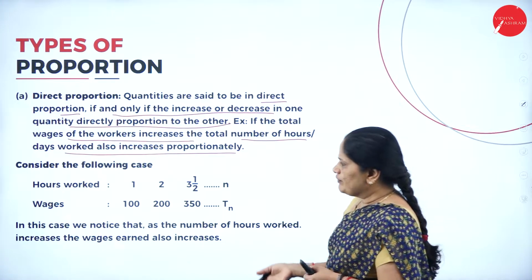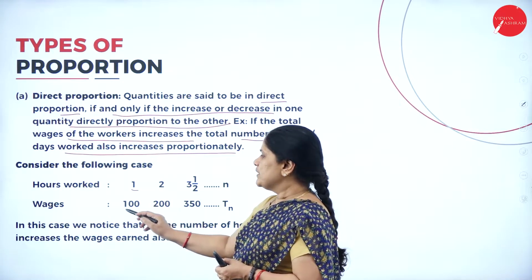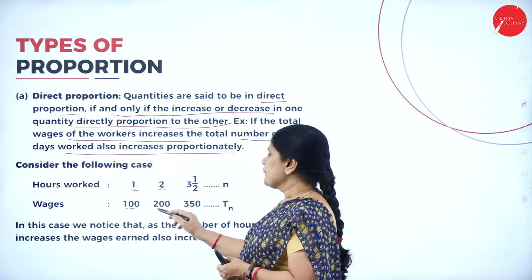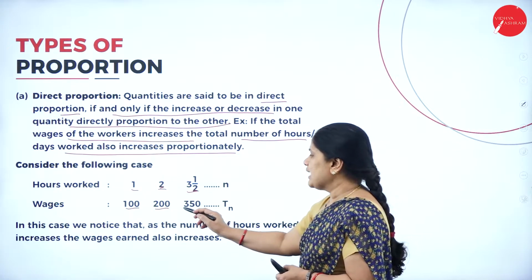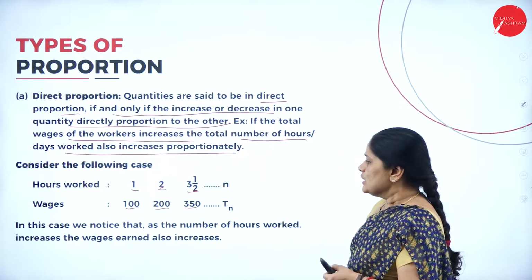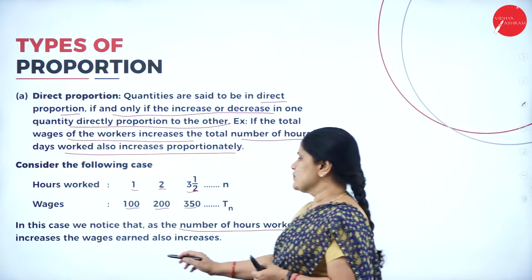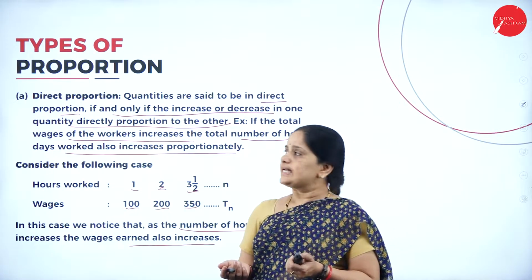Suppose the hours worked is 1, the wages will be 100. If he has worked for 2 hours, he will be paid 200 rupees. If he has worked for 3.5 hours, he will be paid 350 rupees. So, in this case, we notice that as the number of hours worked increases, the wages earned also increase.